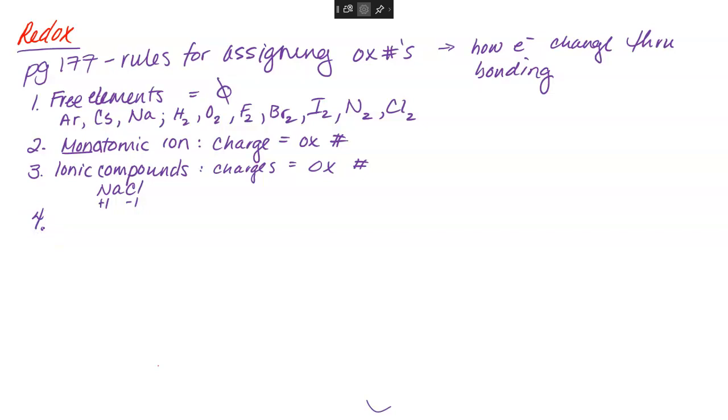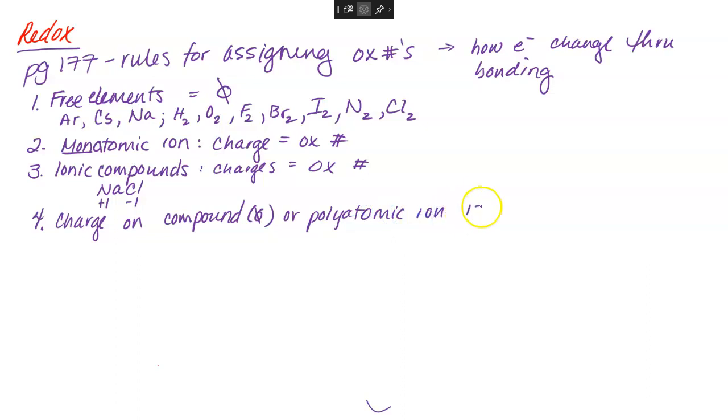Rule 4. Yes, it is a 0 in the parentheses.